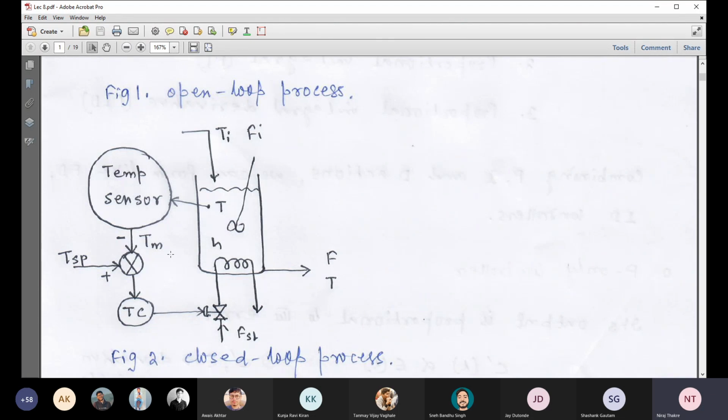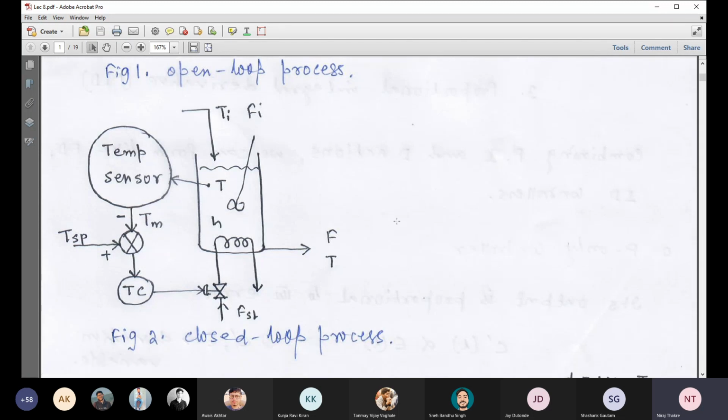So in practice they are not identical, but theoretically we sometimes assume that they both are identical. Okay, so this is the closed loop process, heating tank system plus the controller or control configuration.